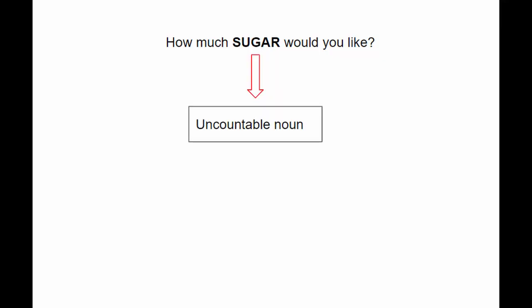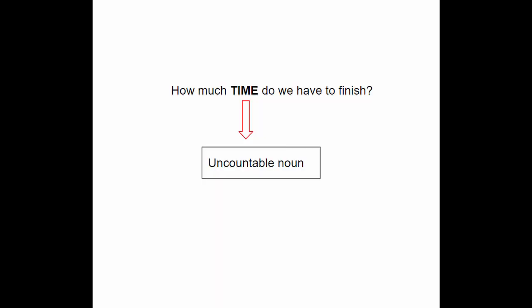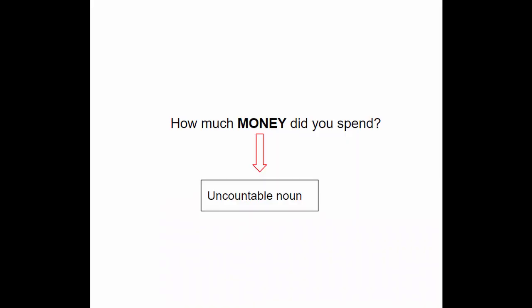For example, how much sugar would you like? How much time do we have to finish? How much money did you spend? How much water is in the fridge? You can check some uncountable nouns in the PowerPoint presentation.